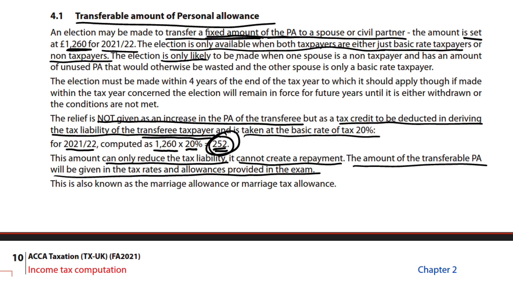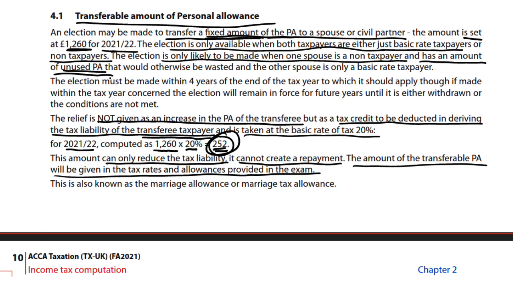It's only likely to be made when one spouse is a non-taxpayer, so their income does not exceed the personal allowance, and therefore has an amount of unused personal allowance. That would otherwise be wasted.